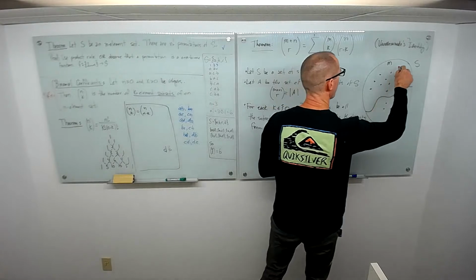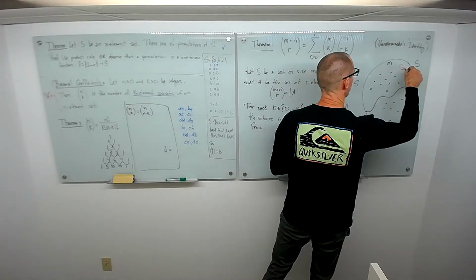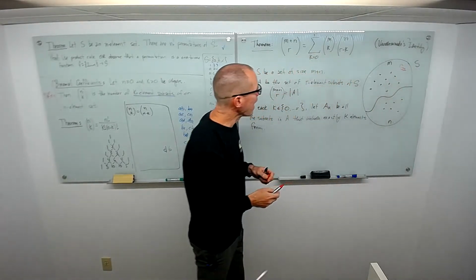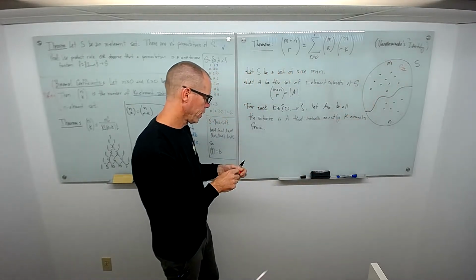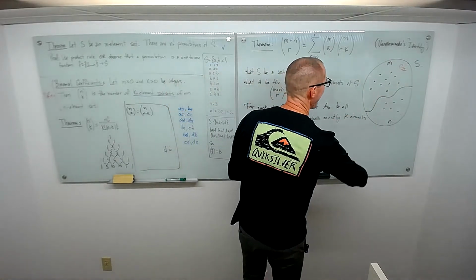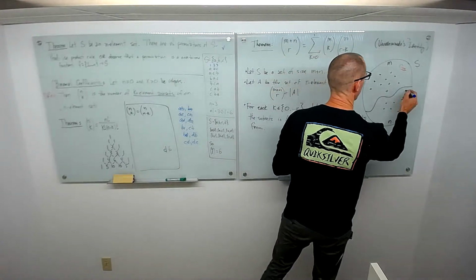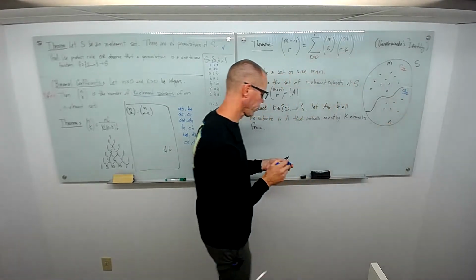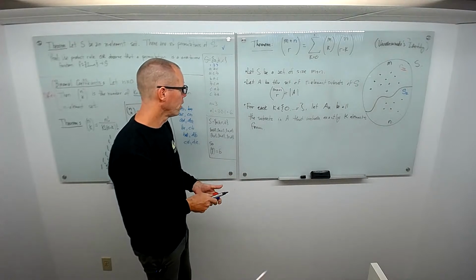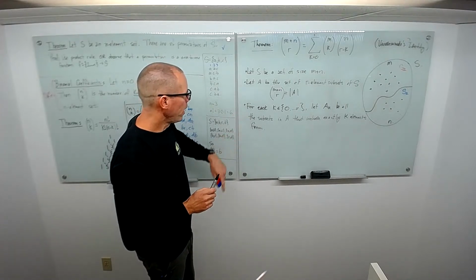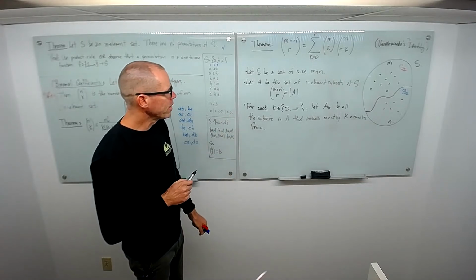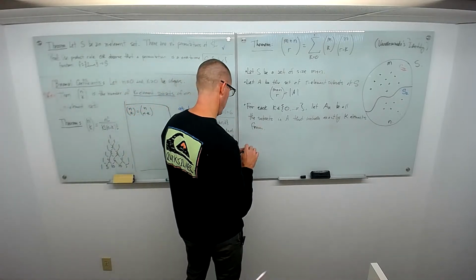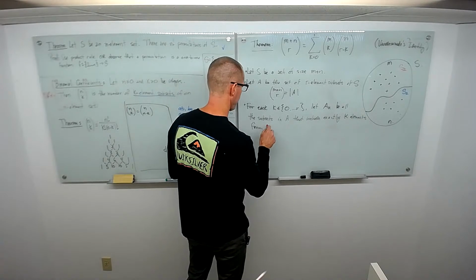So let's give them a name. Let's say these special M elements, let's call them S1. And these special N elements, let's call those S2. Okay. So AK is all the subsets in A that include exactly K elements from S1.